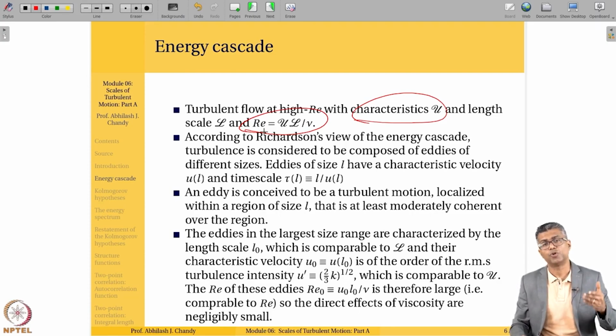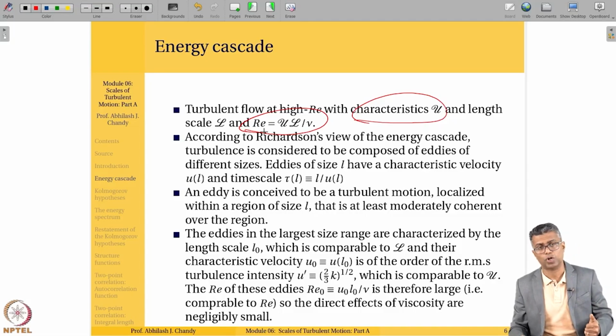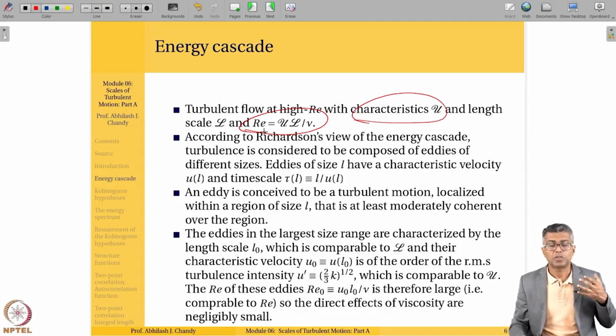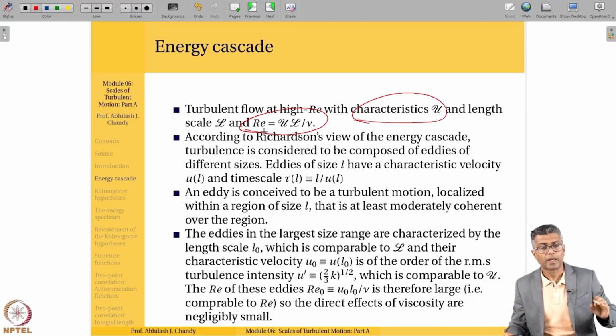Based on the flow rate, you will have the velocity, so that's your characteristic velocity. You know what material you're going to use as a fluid, whether it is water, air, whatnot. So then you know the kinematic viscosity. So you know your Reynolds number even before you start the flow, isn't it? So that's that. Now, once you start the flow, what starts happening?